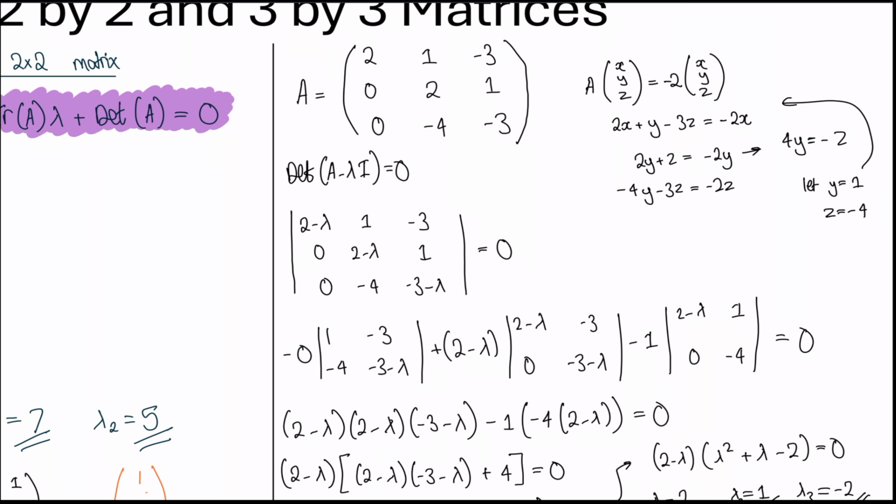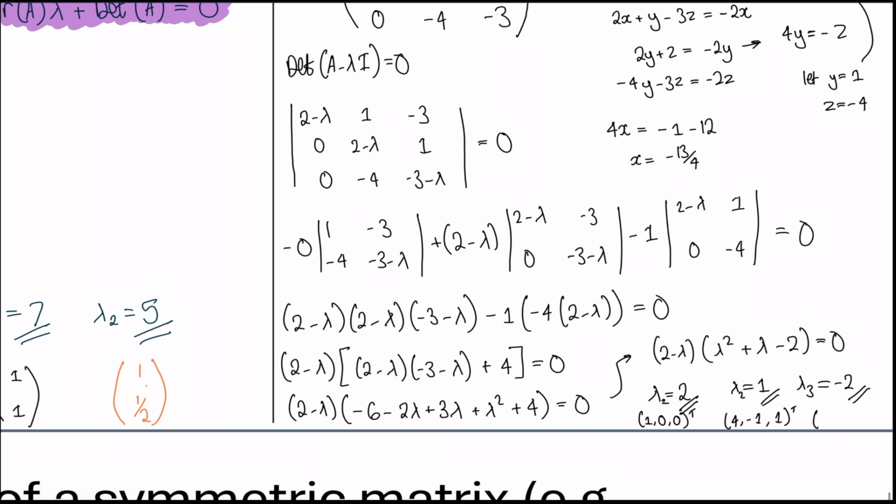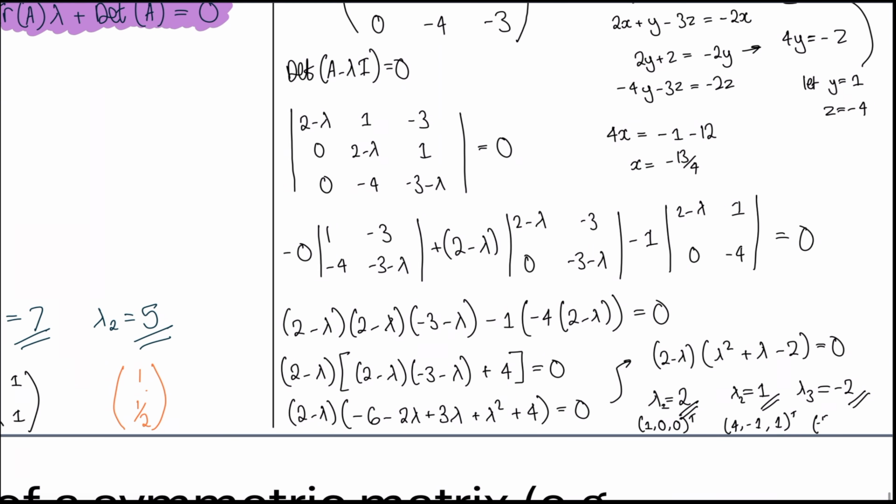And like before, if we substitute that into the first equation, we get 4x is equal to minus 1 minus 12, which gives us x is equal to minus 13 over 4. So this one becomes minus 13 over 4, comma 1, comma minus 4.